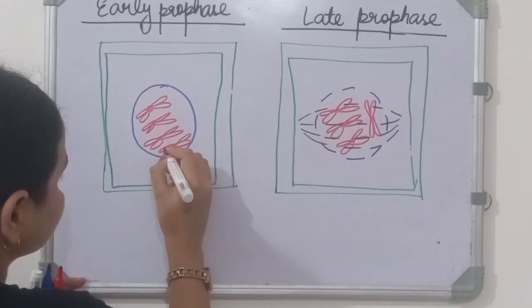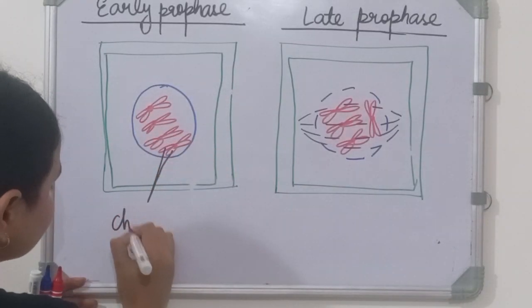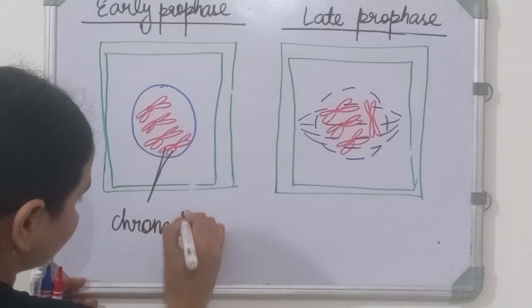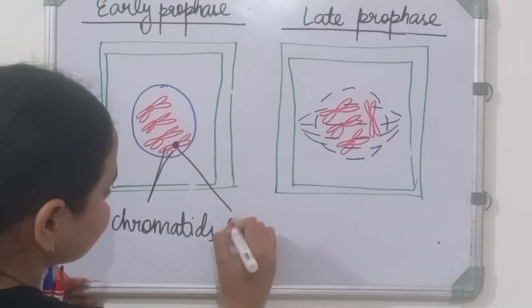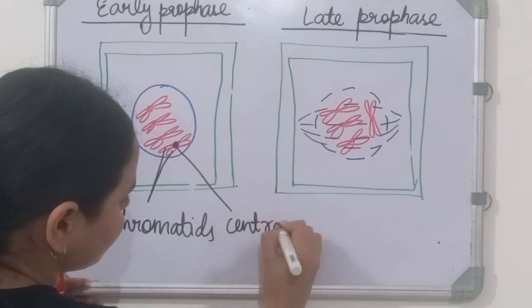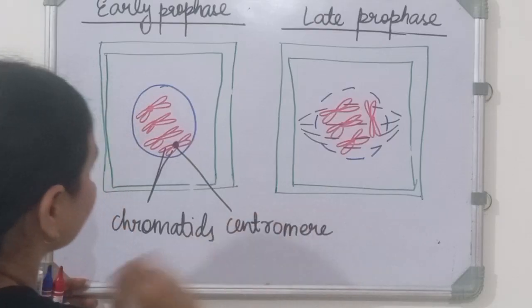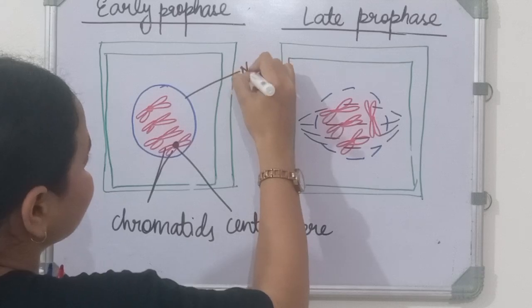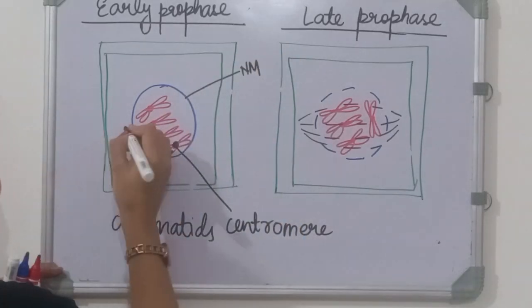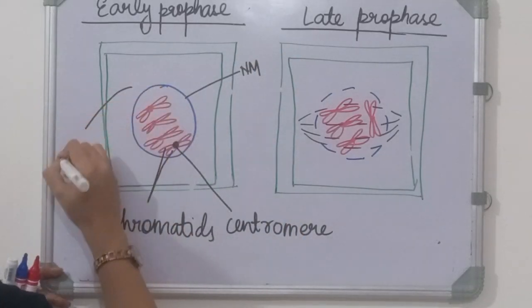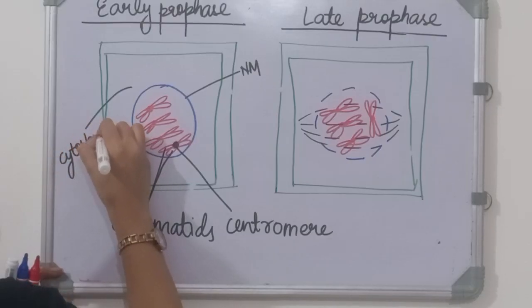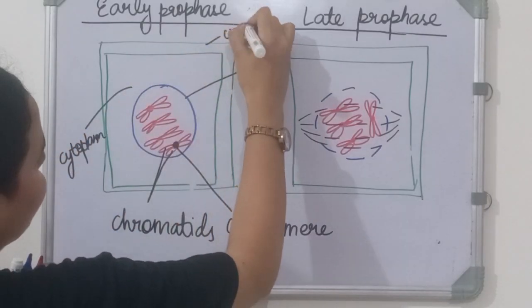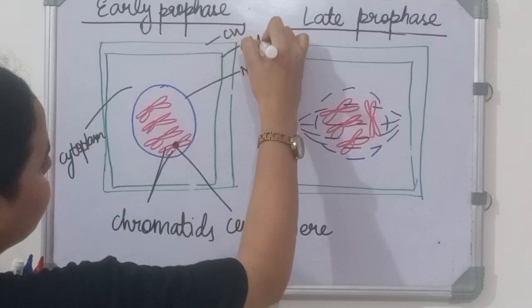So these two are the chromatids joined at the center with the help of centromere. Okay, this is the nuclear membrane. Okay, this is the cytoplasm. Outer is the cell wall, inner is the cell membrane.